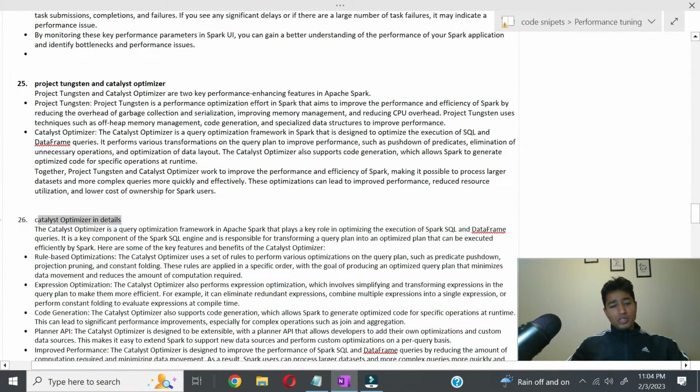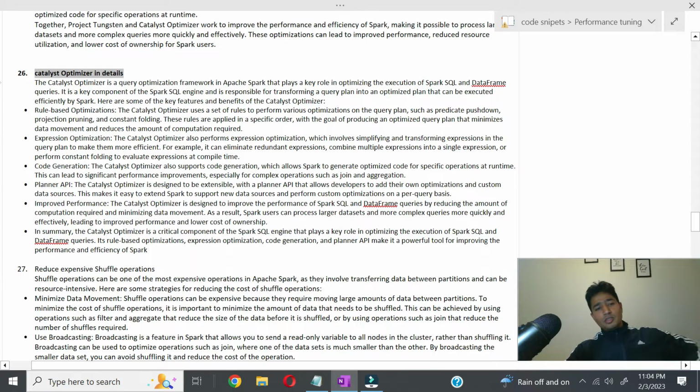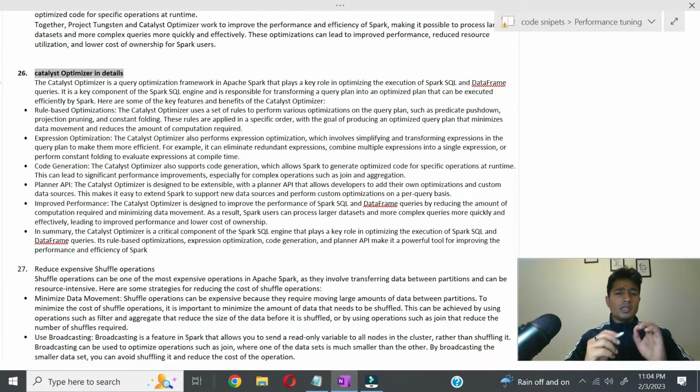Now, I want to jump to Catalyst Optimizer in more detail because this question is asked a lot. So what is Catalyst Optimizer? We know Catalyst Optimizer is a query optimization framework for Apache Spark, playing a key role in optimizing the execution of Spark SQL and DataFrames. It is a key component of the Spark SQL engine and is responsible for transforming a query into an optimized plan that can be executed efficiently by Spark.